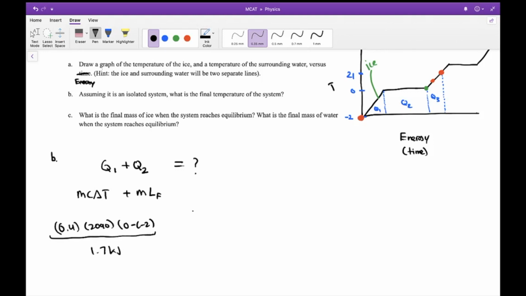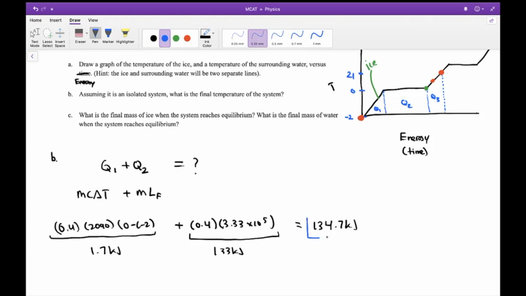Then I'm going to add that to the latent fusion part, which is 0.4 times 3.33 times 10 to the 5, which gives me 133 kilojoules, which gives me a total of 134.7 kilojoules.